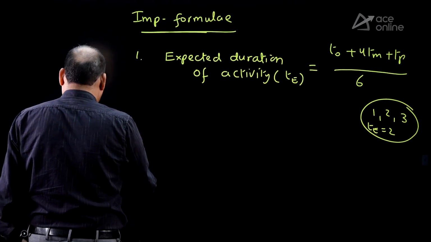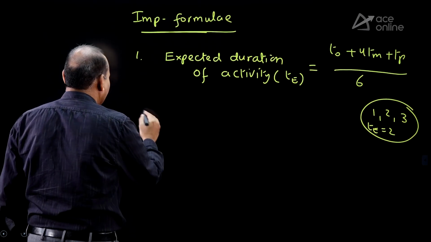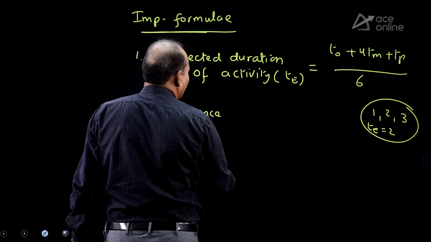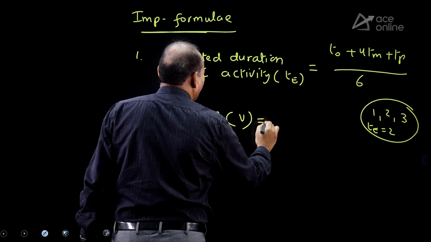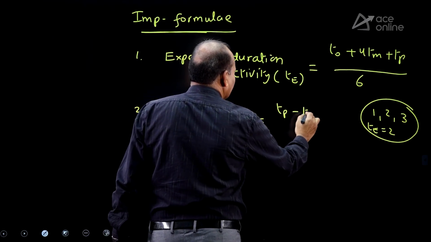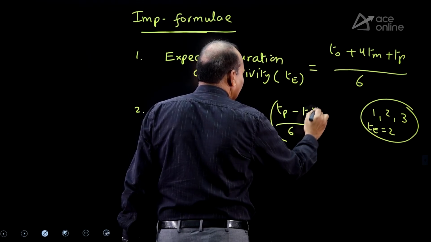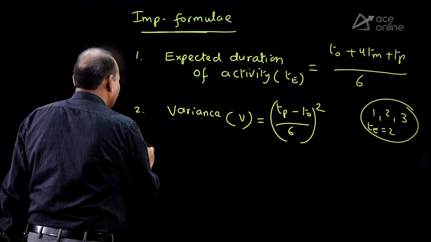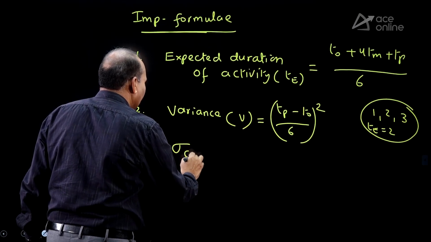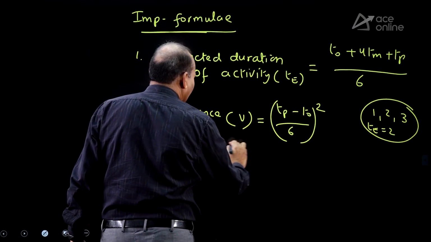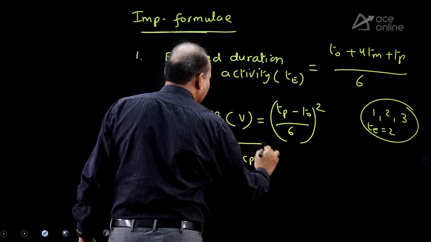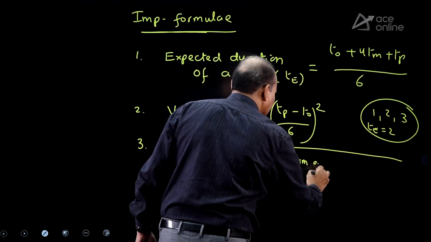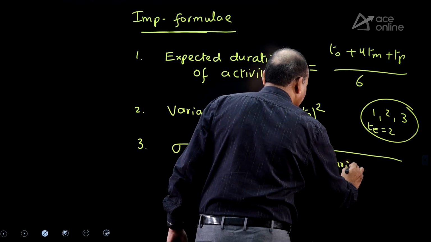Next, the second formula is variance. Variance is equal to Tp minus T0 divided by 6, whole square. Standard deviation of critical path, sigma Cp, is equal to under root of variance of critical path. It is equal to under root of the sum of variances of critical activities.